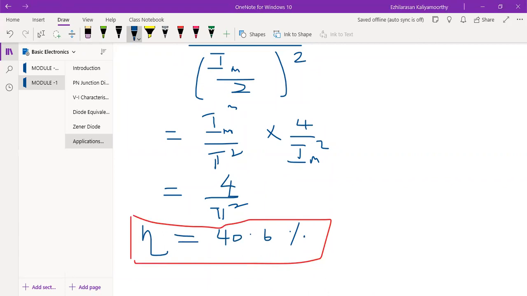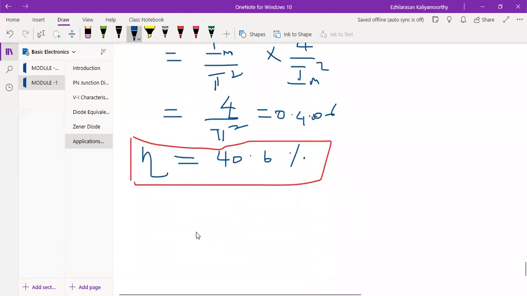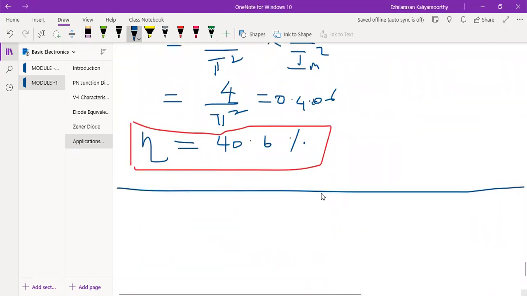Or you may think how much you will get: that is nothing but 0.406. So in terms of percentage, we get eta equal to 40.6. See, here think about it: when I convert the AC signal to a DC signal, only 40.6% can be converted. Which one? The half wave rectifier.